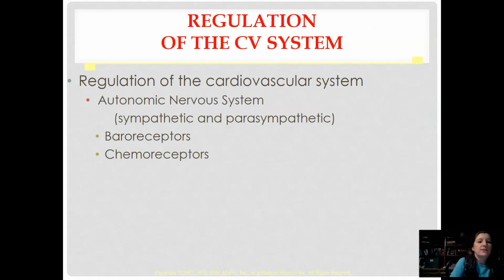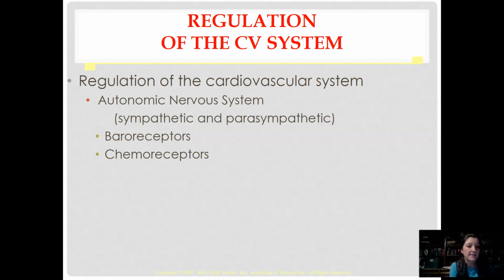So the cardiovascular system is regulated a couple different ways. The sympathetic and parasympathetic systems are part of the autonomic nervous system. With the sympathetic, you can remember S, sympathetic, means it speeds up. So everything to do with the sympathetic nervous system is going to be sped up.